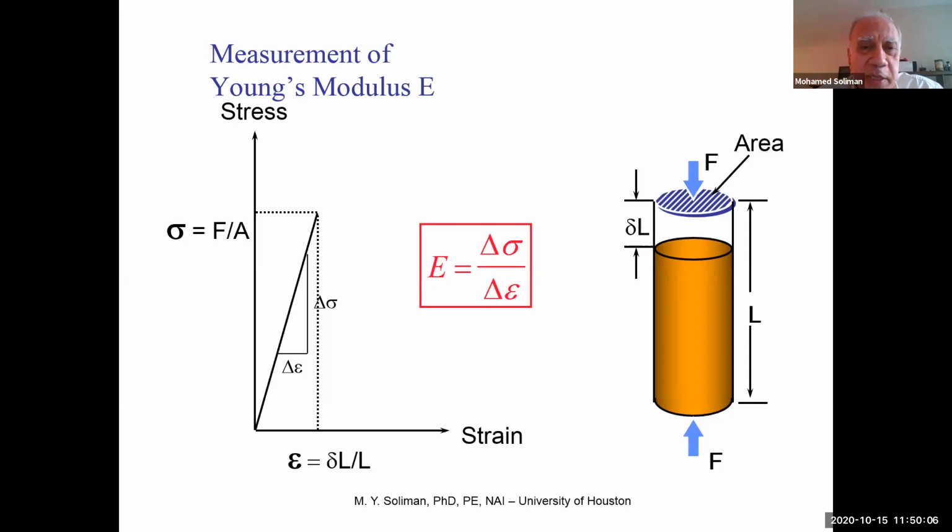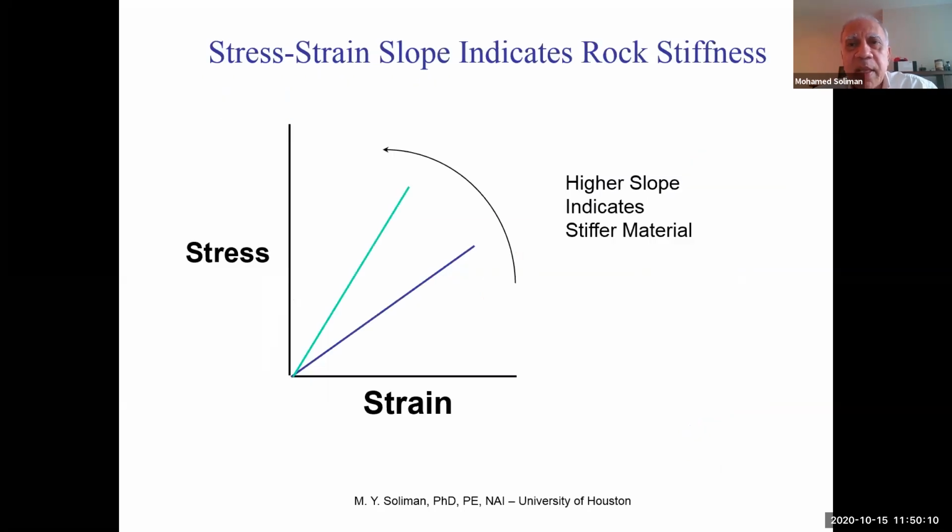If you work with metric units, then you need to translate that. And the stiffer the rock is, the higher the slope. If I go into softer rock, the slope is smaller, so it's a smaller Young's modulus.